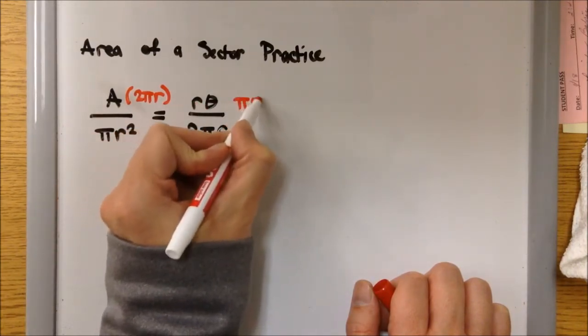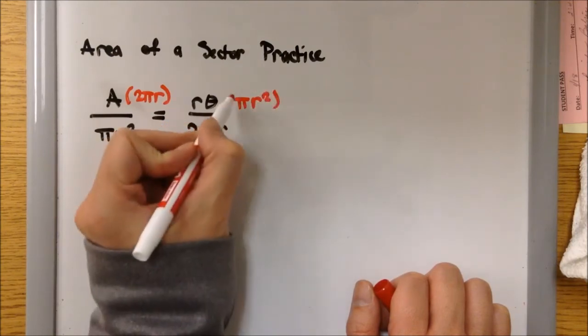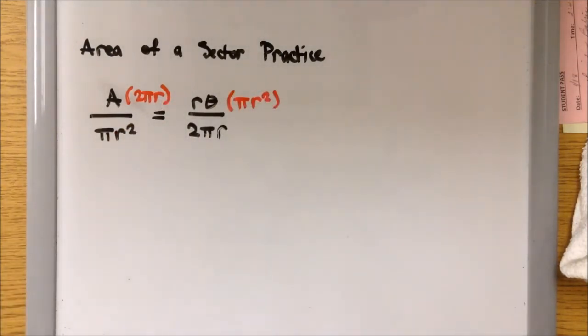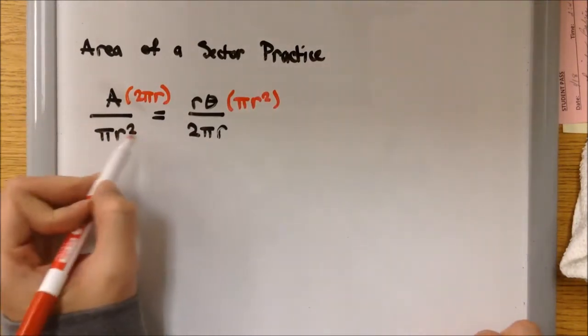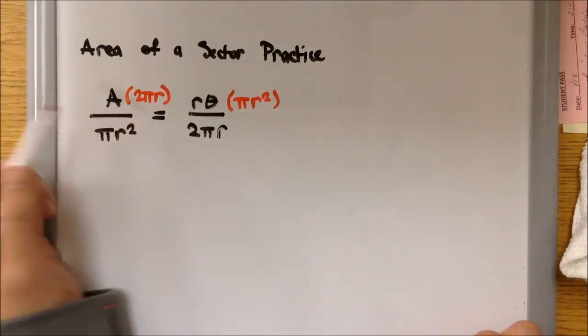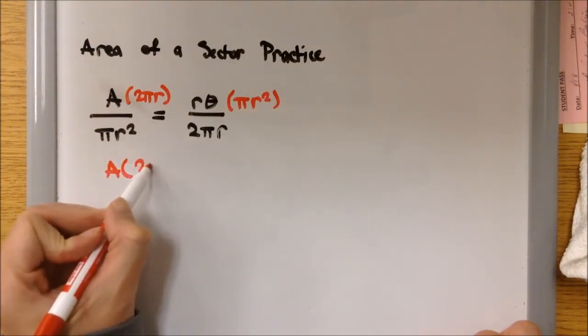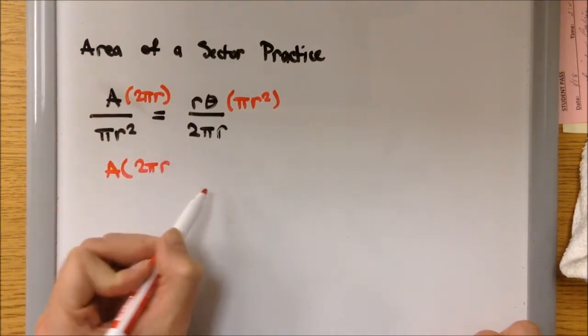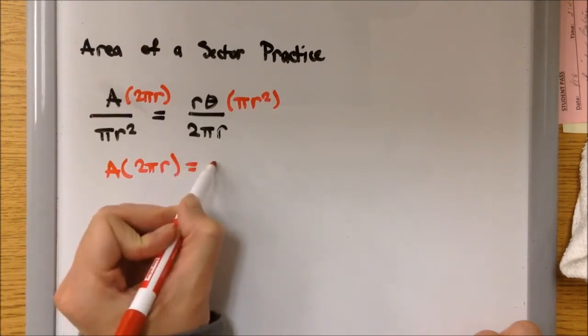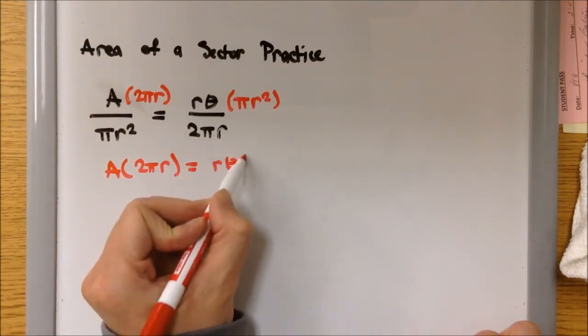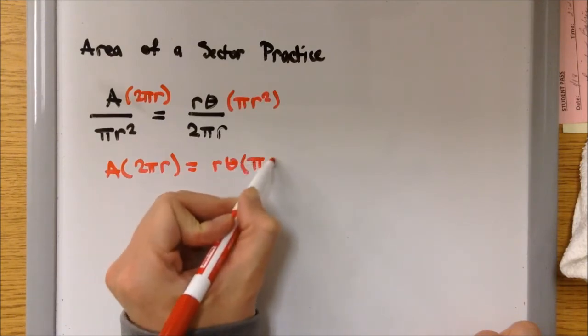Again, I'm just doing cross multiplication. So what's left is, when you cross multiply, you don't have a fraction anymore. It's simply A times 2 pi r equal r theta times pi r squared.